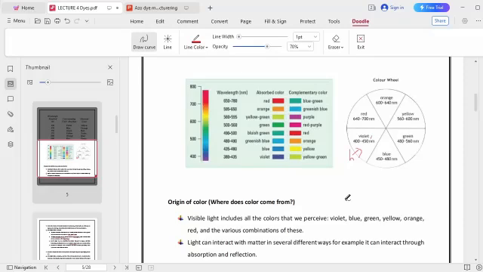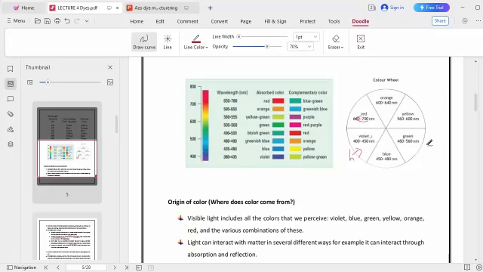The green color in green plants, which color do they absorb, and which color is reflected? The color that is reflected is the color that we see. It is the green. So which color is absorbed? The color that is absorbed is the complementary color, which is red here.